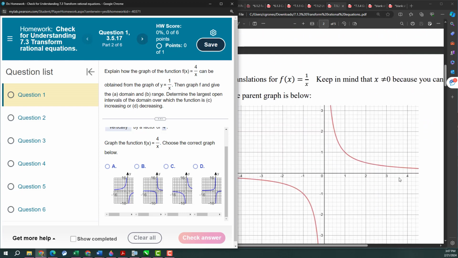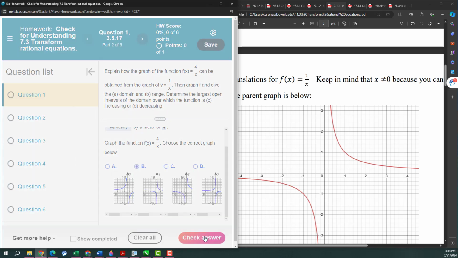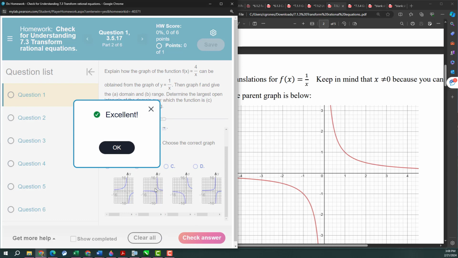So now we are going to graph our function. Let's look at our parent graph for f of x equals 1 over x. So this is our parent graph, so we know it's going to be either B or C because it is following that parent graph. It is just being stretched vertically. So I'm thinking it's going to be B. All right, great.